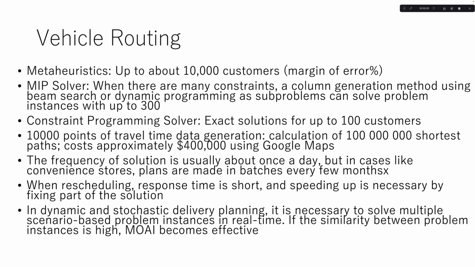When rescheduling, response time is short, and speeding up is necessary by fixing part of the solution. In dynamic and stochastic delivery planning, it is necessary to solve multiple scenario-based problem instances in real time. If the similarity between problem instances is high, MOAI becomes effective.